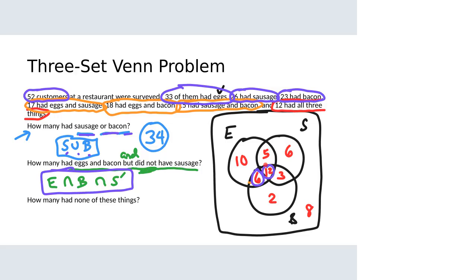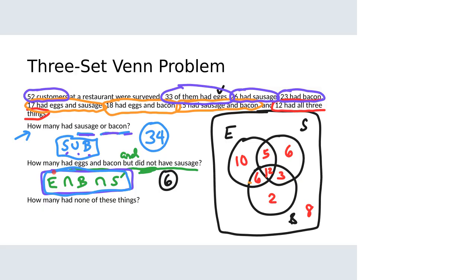And then we wind up with just the 6 that are in region 4. So eggs and bacon, but not sausage. The way we count that up is we go, all right, well, eggs and bacon would be these, but not sausage, so I throw them out, leaving me with 6. And then if we were to shade E intersect B intersect S complement, we'd wind up with only region 4 shaded.